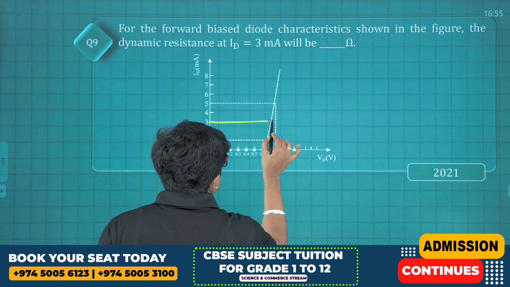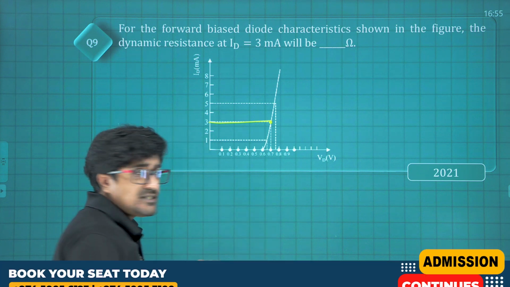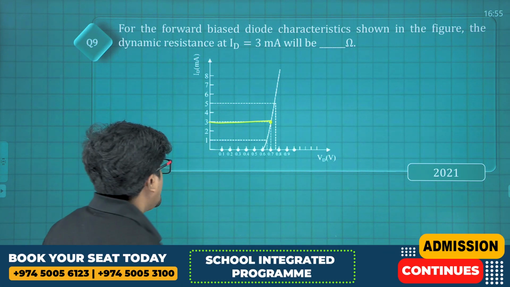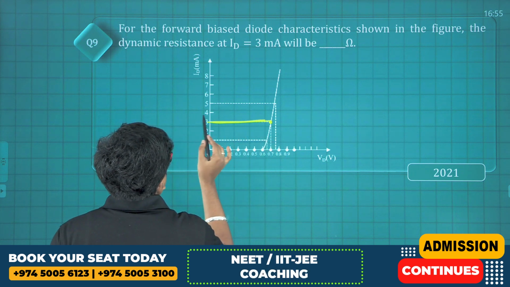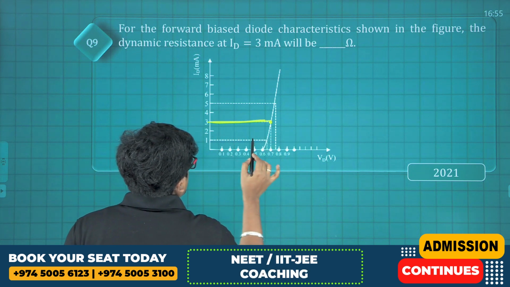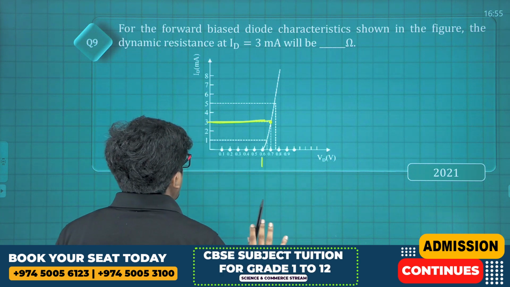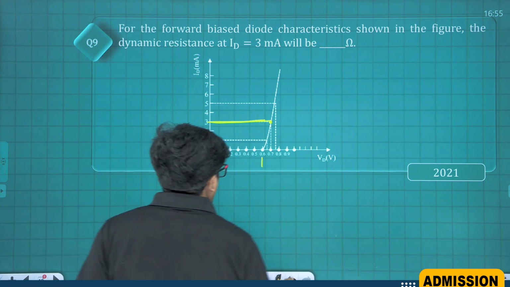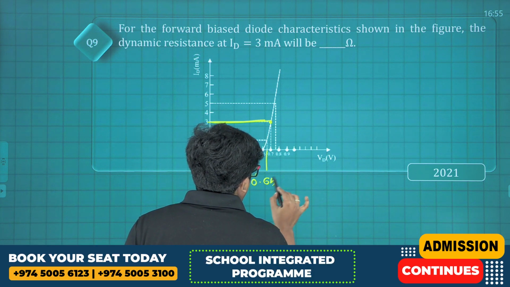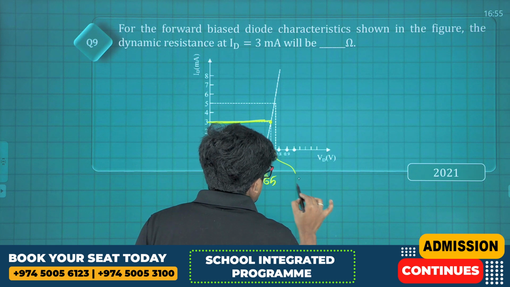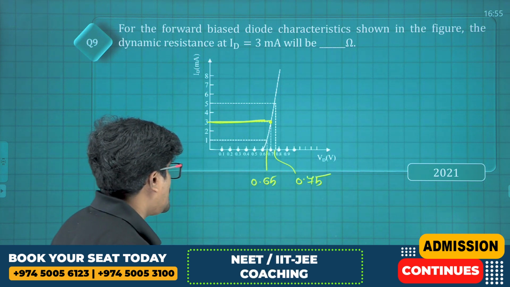Now, around this, if I want to identify the change in voltage near 3 milliampere current, what is the change? It is 0.65 to 0.75.